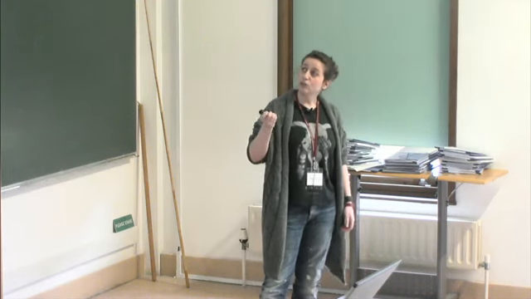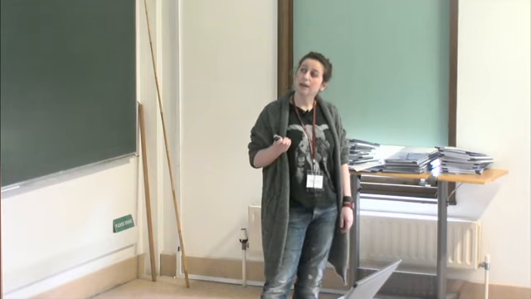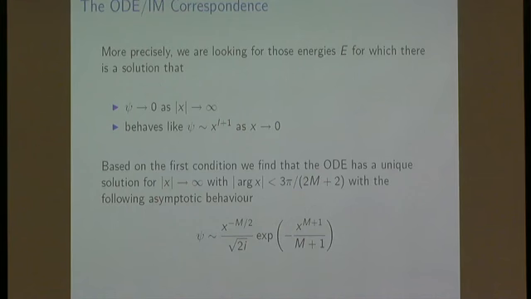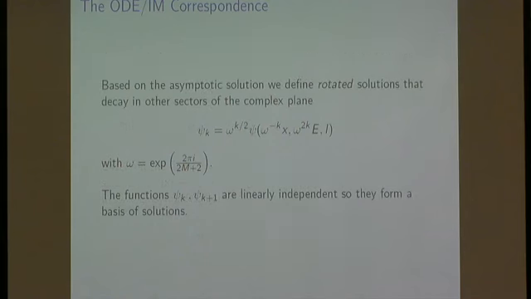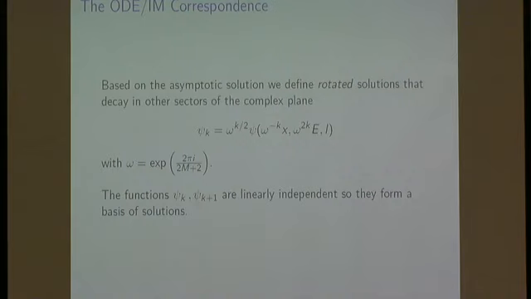Based on the first condition, looking for large x asymptotic solutions, the ODE can be found to have a unique asymptotic behavior that's written like this in a specific sector of the complex plane. Based on this asymptotic behavior, we can define further so-called rotated solutions which decay in different sectors in the complex plane.